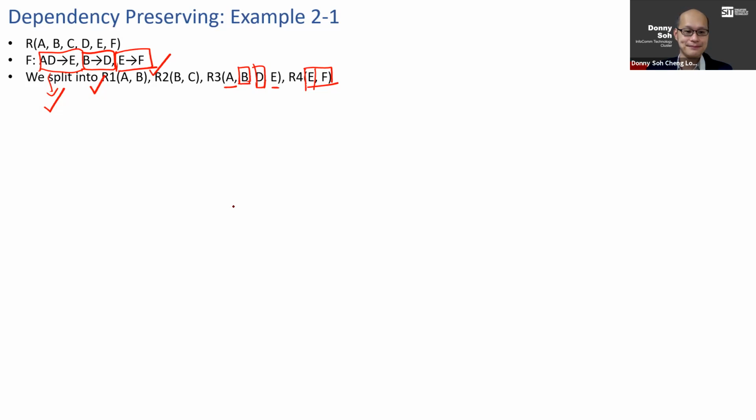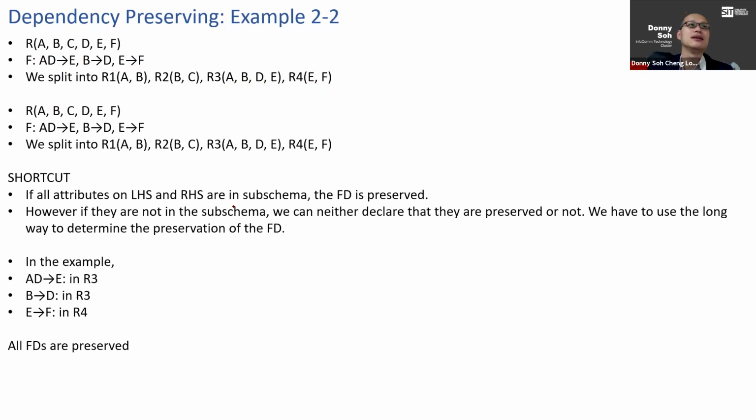Okay, so this is what I see here. So if I split into these two, it is the same. Sorry, I accidentally repeated. So if the left hand side and the right hand side of the FD are in the sub-schema, then the FD is preserved.